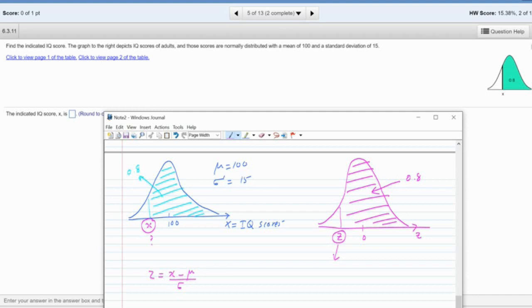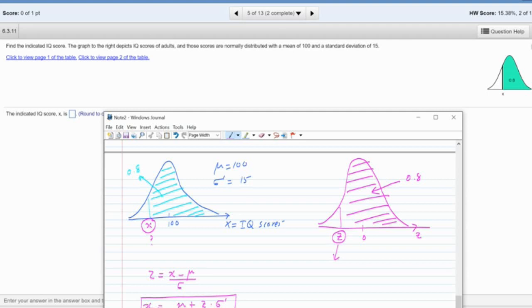All you have to do is solve for X. You first multiply by sigma and then add mu. So X equals mu plus Z times sigma. So here's another formula. If Z is given, you can find out the X using this formula.